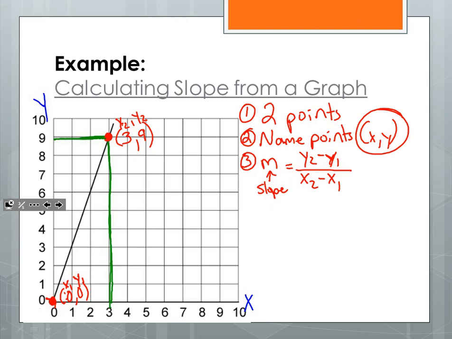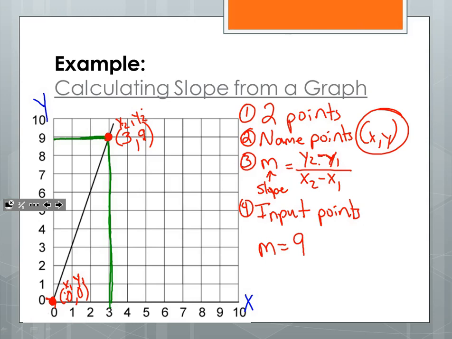I'm going to input my points. So it says m equals my y sub 2, which is my 9, because I said up here y sub 2. I'm going to input my 9.